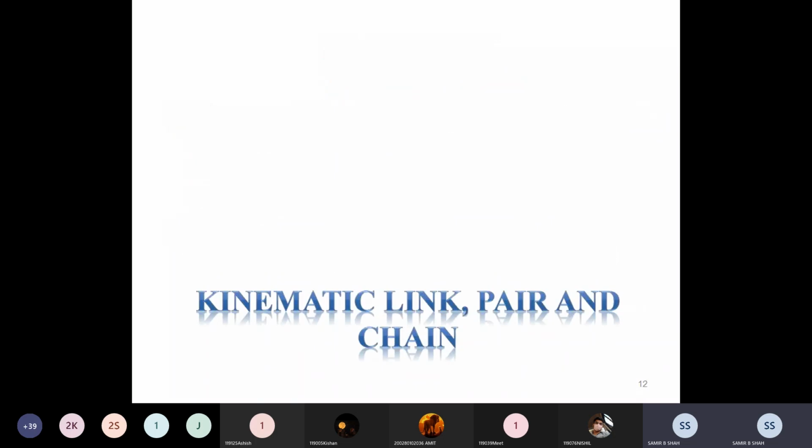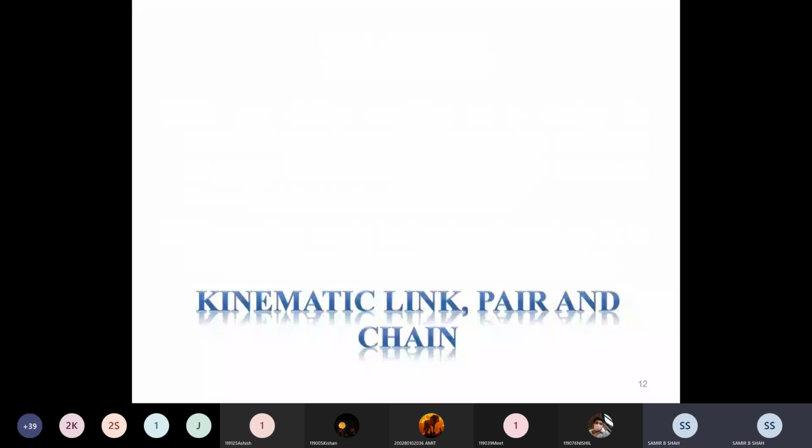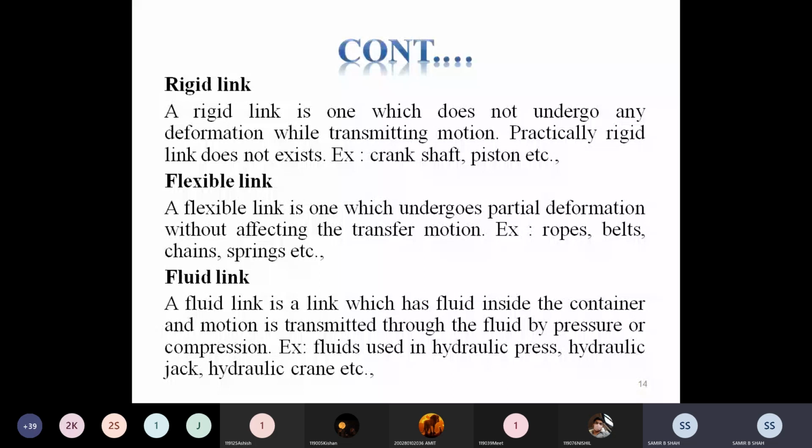After that, we discussed the kinematic link, pair and chain in detail. Types of kinematic link, types of kinematic pair and chain, where links are divided into rigid link, flexible link, and fluid link.